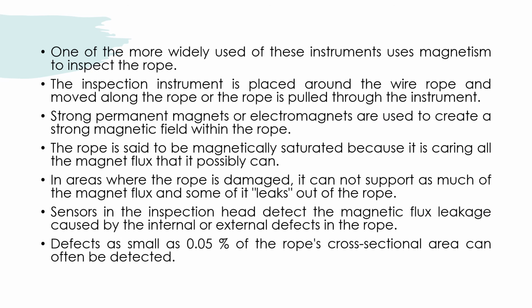One of the more widely used of these instruments uses magnetism to inspect the rope. The inspection instrument is placed around the wire rope and moved along the rope, or the rope is pulled through the instrument.